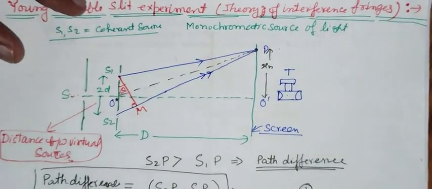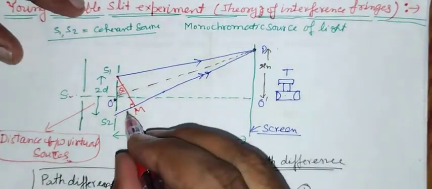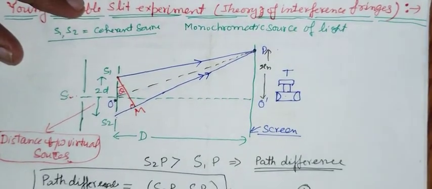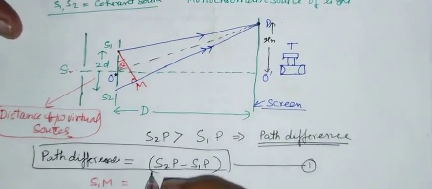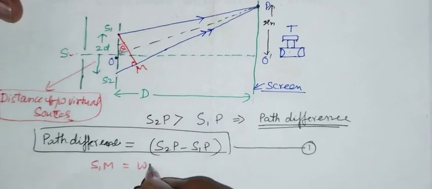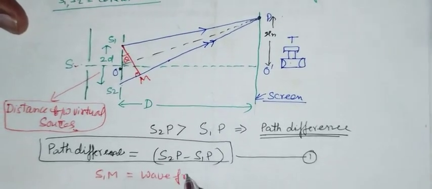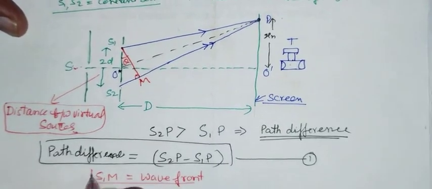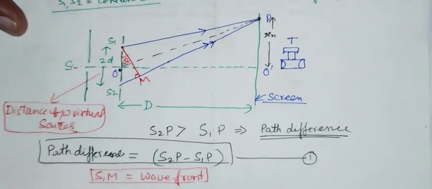Now see very carefully here. S1M is called the wave front by the Huygens concept.